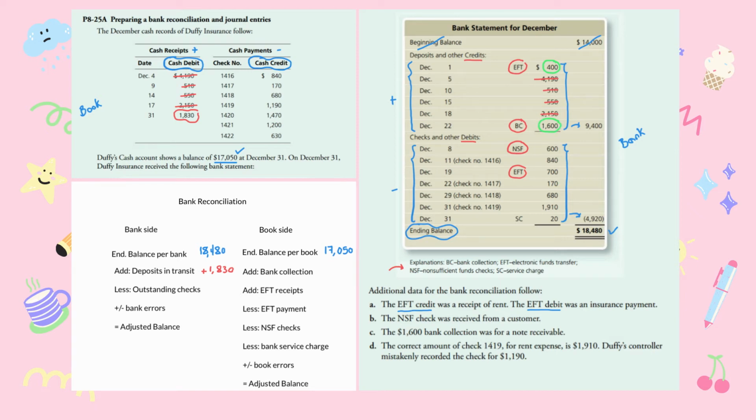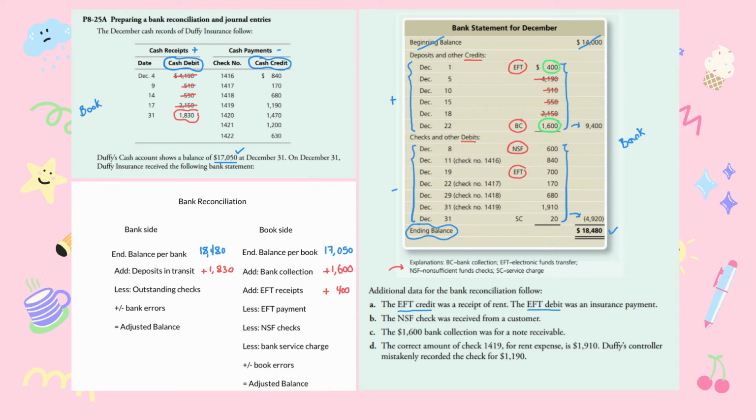It's recorded in the bank, not recorded in the book, so we need to add them to the book side. I'm going to add bank collection plus 1600, and we have EFT receipt, which is plus $400.